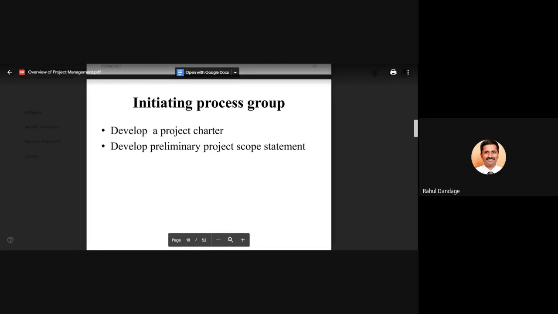There has to be some formal mechanism, some formal document, some formal order through which somebody will be assigned the responsibility of teaching this particular subject. Similarly, if you are working in an organization on multiple projects, and you have many people with the designation project manager, then to undertake any project you have to give the responsibility to some project manager, that you will be project manager for this particular project.